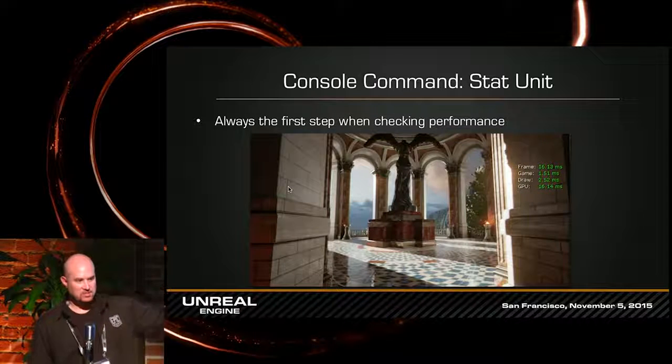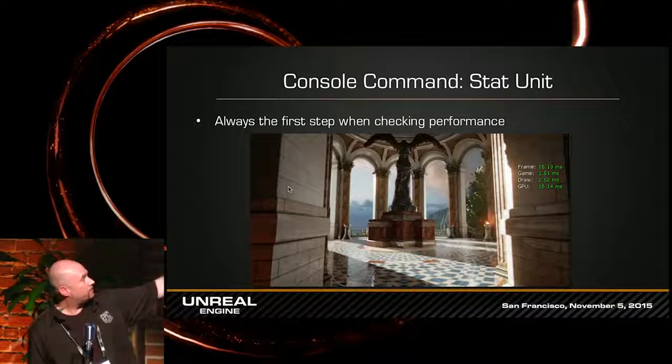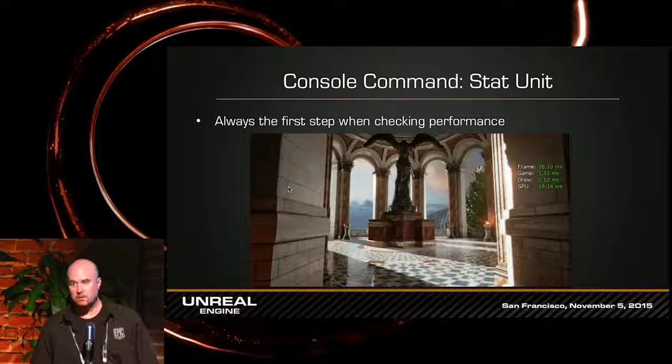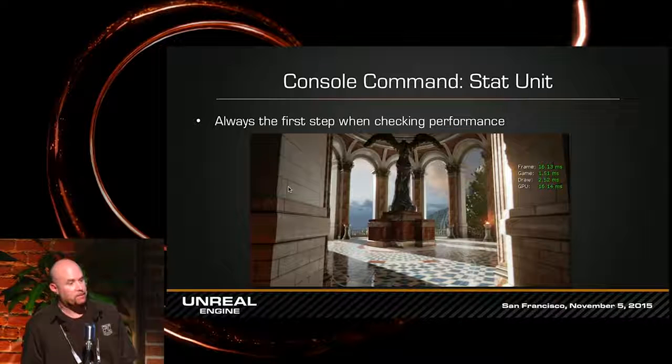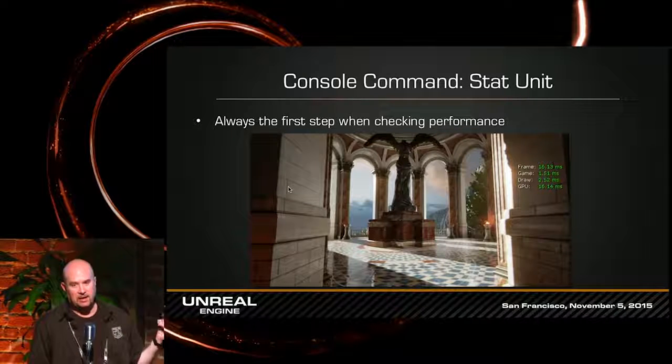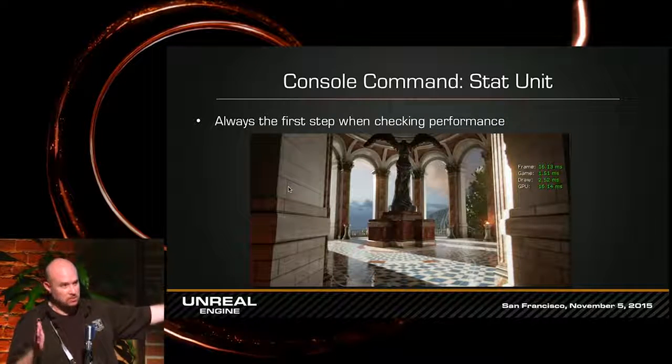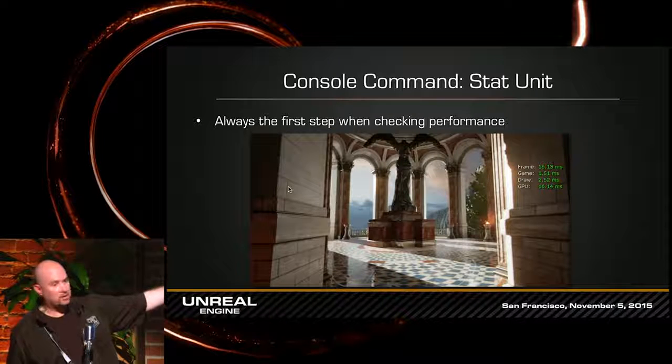The easiest one was the stat unit, right? In this case, I took a screenshot from doing this on a desktop PC where the API allowed me to measure the GPU performance. In this case, the game thread just says, I just shortened it to game colon, but that's game thread running on one CPU core. It's at 1.5 milliseconds.